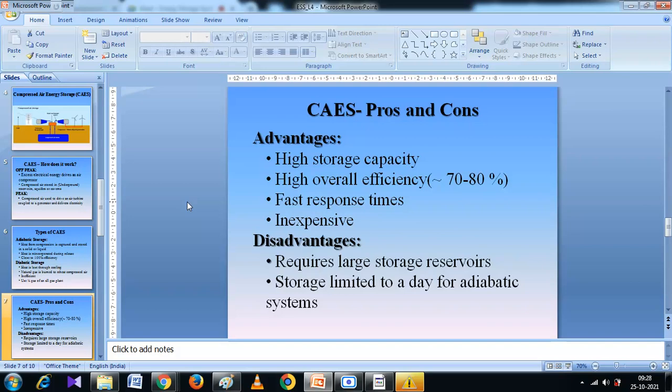We need an adiabatic system, but in nature we do not get too many adiabatic systems, because the caverns or the abandoned mines absorb the heat when we store the compressed air. So we can say the storage is limited for our adiabatic system. These are the disadvantages of the compressed air energy storage system.